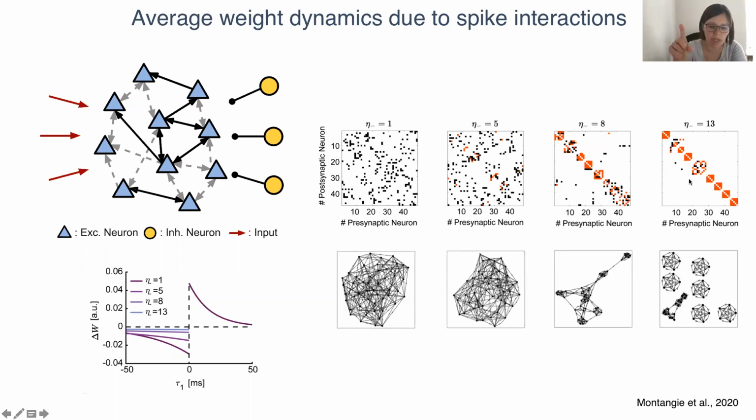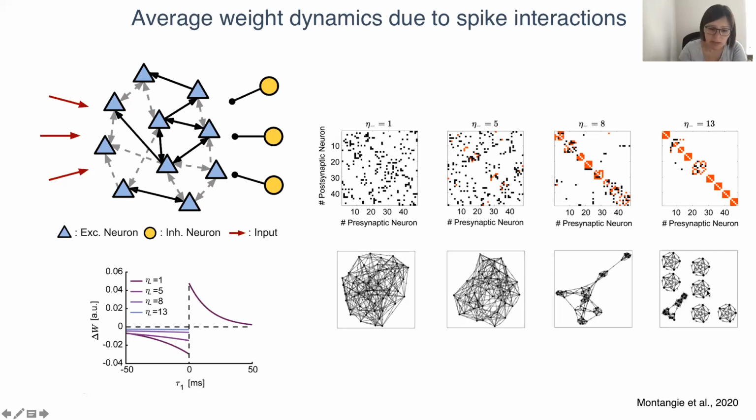So if A potentiates to B, B also potentiates to A. And this is interesting because it allows the formation of these so-called assemblies. I mentioned assemblies in my abstract. The triplet rule can very naturally form these assemblies where groups of neurons become very strongly connected to each other. We can visualize this using these connectivity graph motifs.